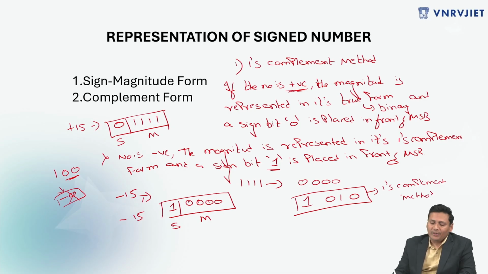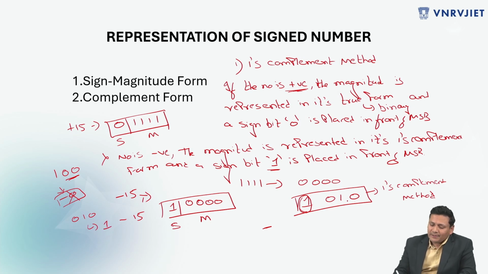They will ask you to find out what the number is. By looking at the sign bit 1, you can easily understand that the number is negative. Now we have to find out the value of 010. The common mistake you mostly make in the exam is that for 010 they simply write minus 1, right? Minus 1.